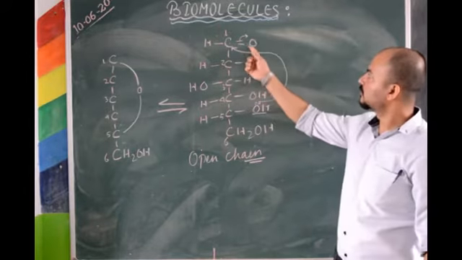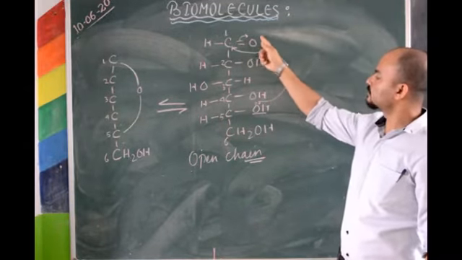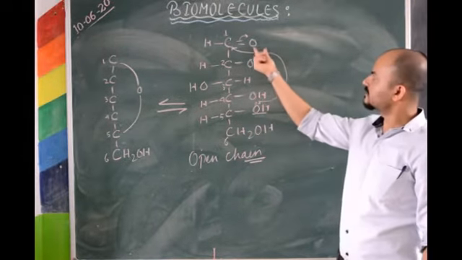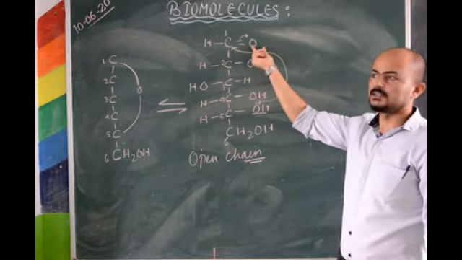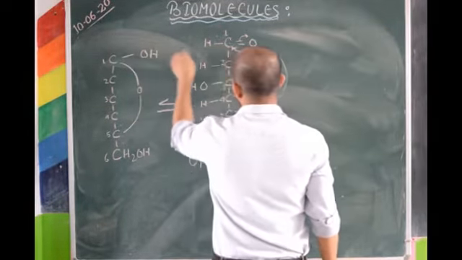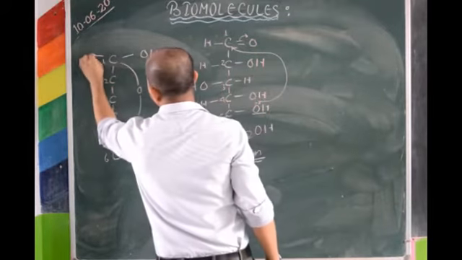This O minus will attract this proton, and as a result it becomes OH. So the OH group is this side, and this hydrogen is this side.